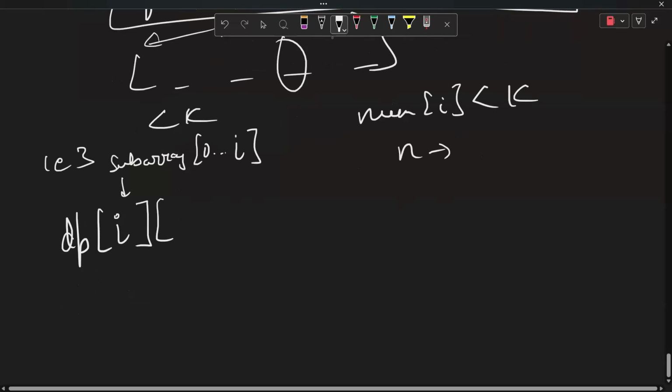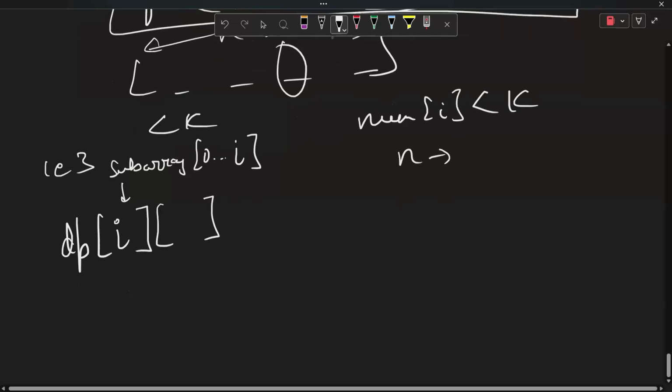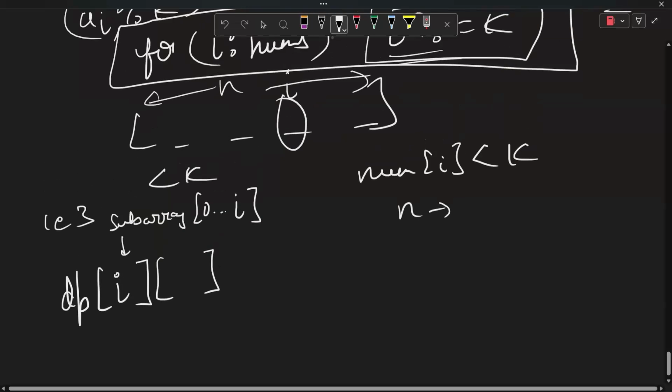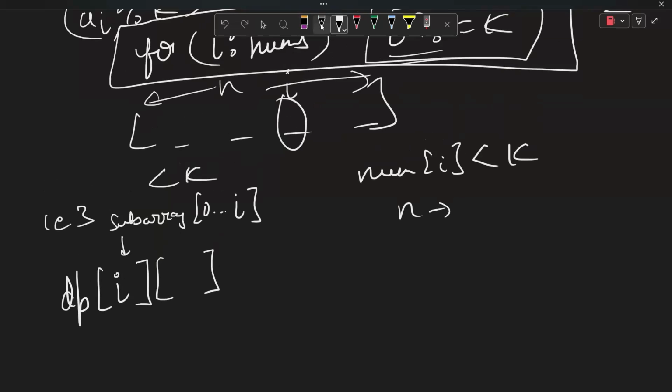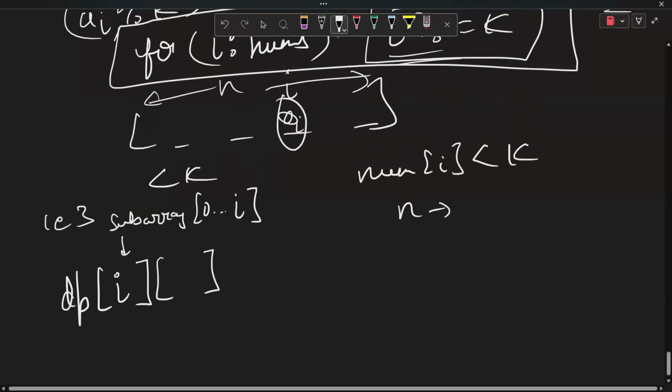And then in the second state, let's say I'm calculating for this subarray, and whatever ai I had at this ith index, let's say the value at that ith index mod k was x. It means we have picked this x, then we can iterate through all the y's we can have.